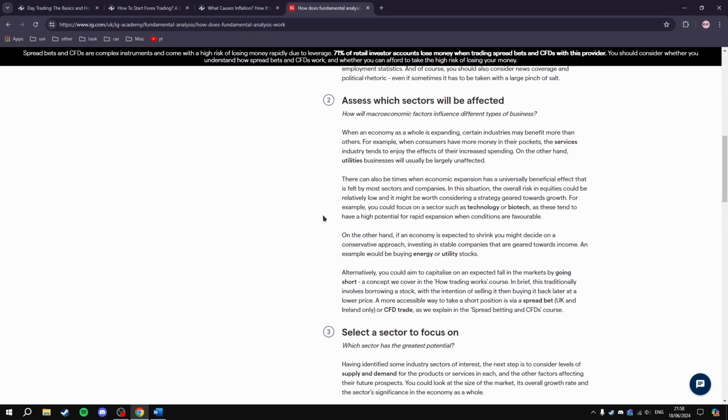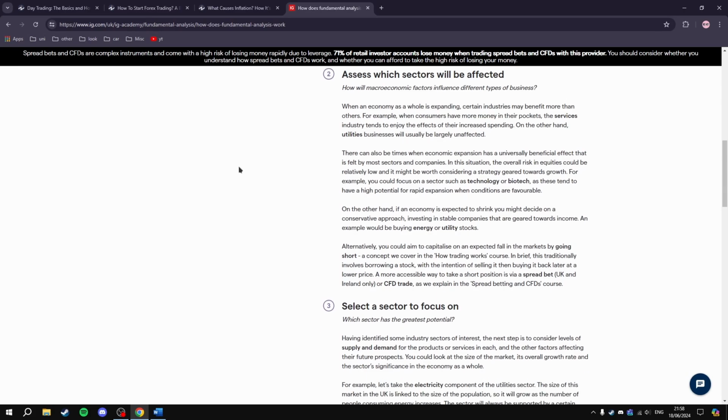So when the economy is expanding as a whole, certain industries may benefit more than others, and there can also be times when economic expansion has a universally beneficial effect that is felt by most sectors and companies. So in this case, it might be worth considering a strategy geared towards growth.